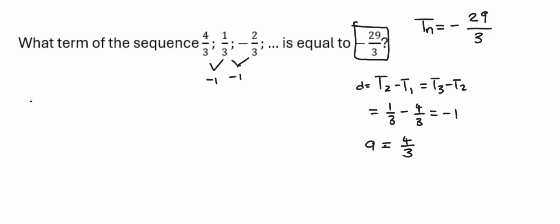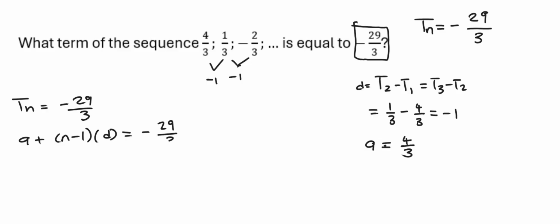And then now when we are going to calculate, we are going to say that Tn is equal to negative 29 over 3. But we know that Tn is represented by a plus n minus 1 multiplied by our common difference, which is going to be equal to negative 29 over 3 in this case.